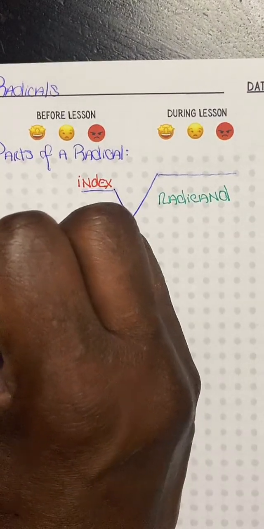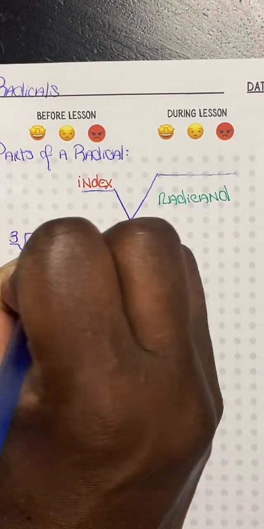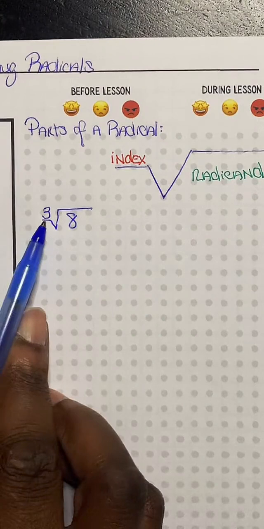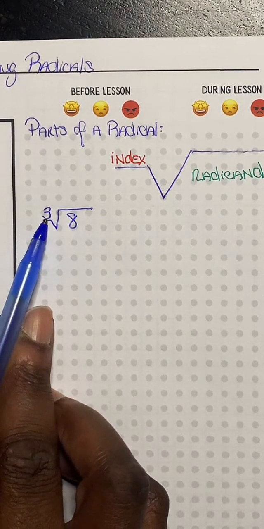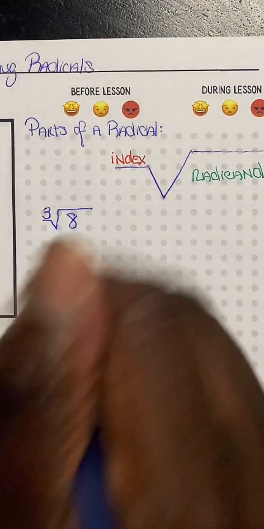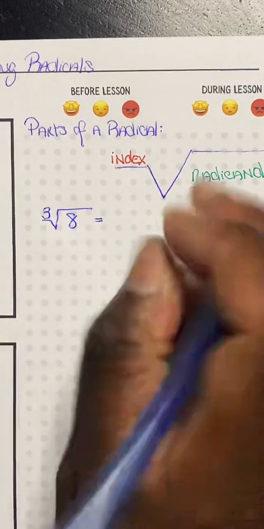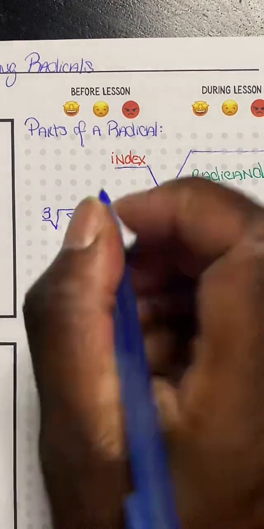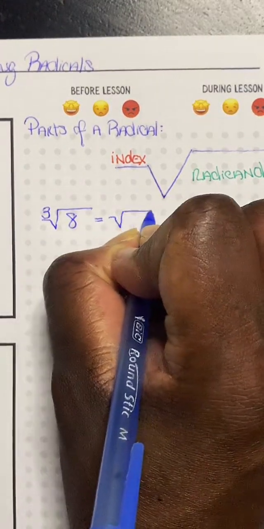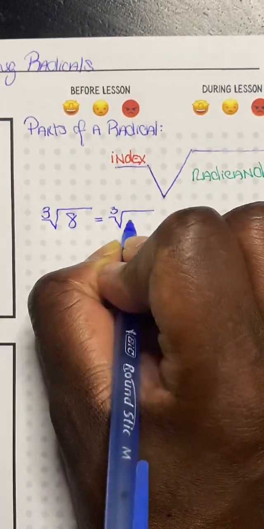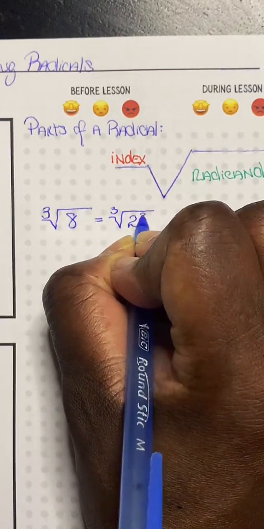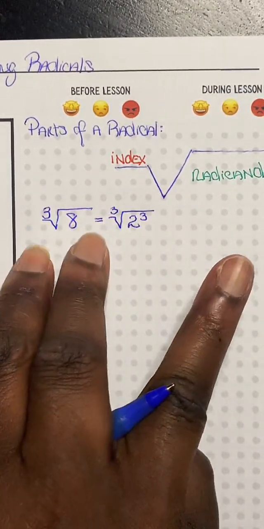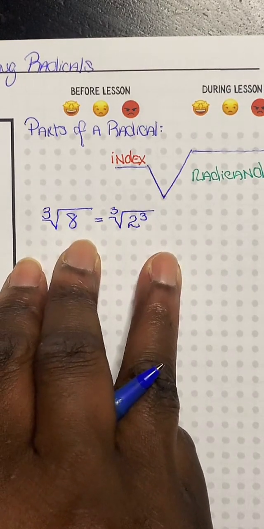So we can have a cube root. When we have a cube root, we know it because there's a 3 representing the cube. So I need to know what number multiplied by itself 3 times will give me 8. A lot of people like to break it down like this. You know that 2 to the 3rd power is 2 times 2 times 2. 2 times 2 gives me 4, and 4 times 2 gives me 8.